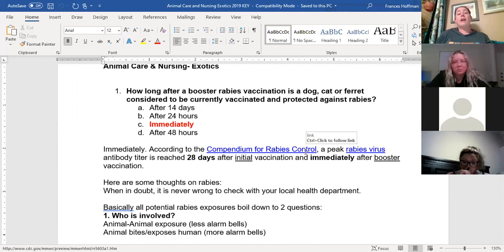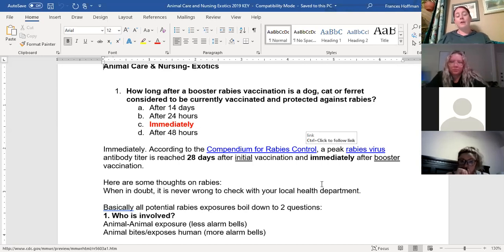So how long after booster rabies vaccination in dogs, cats, or ferrets is it considered to be currently vaccinated and protected against rabies? That's actually immediately. After the first vaccine, it's considered 28 days, but if we are boostering the vaccines, it is considered immediately protected, which I found really interesting.